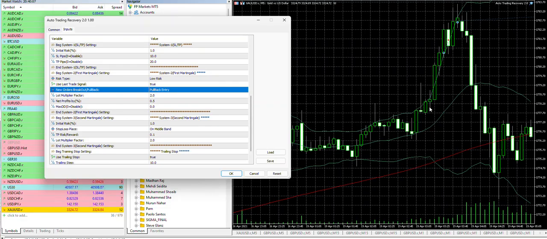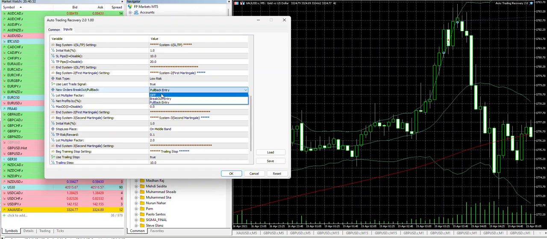It will wait to make a correction first. Then when we have a new signal below the previous one by a specific value, it will enter the trade. So when it adds a position, it will be after correction, after pullback.